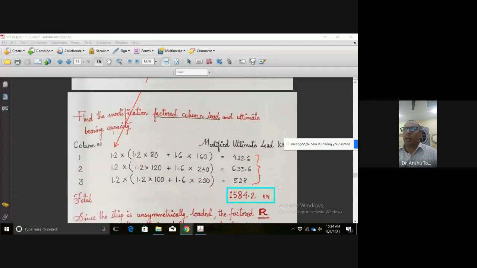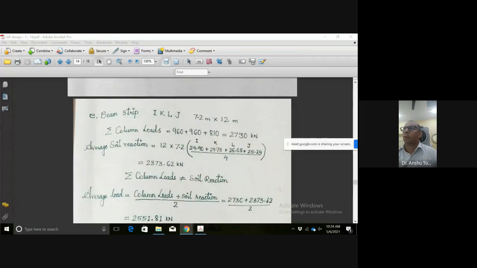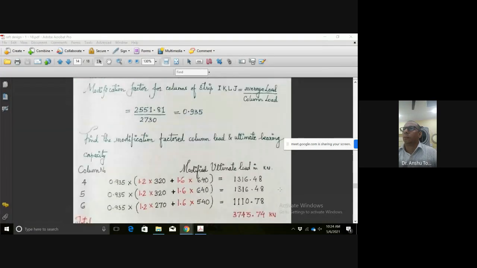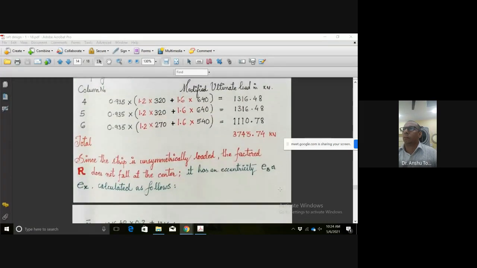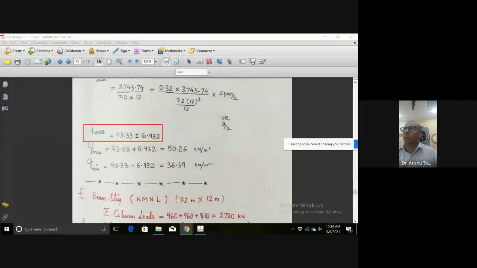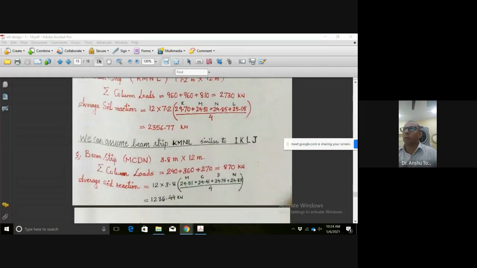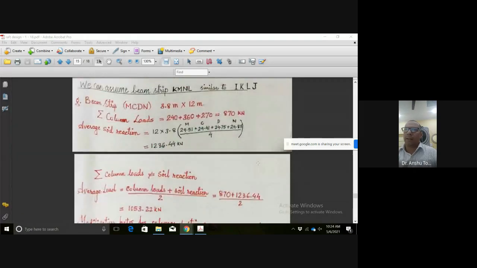So yesterday we finished with all these calculations in x and y direction.